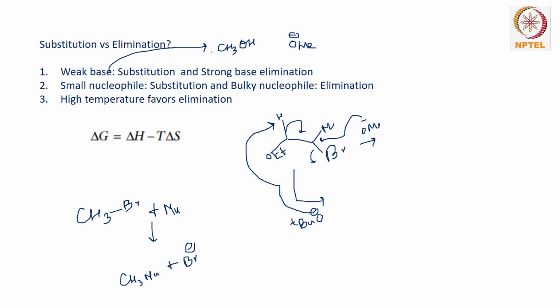So as the number of compounds after and before the reaction is the same, the entropy change, that is delta S, is equal to 0, because there is no change of entropy.